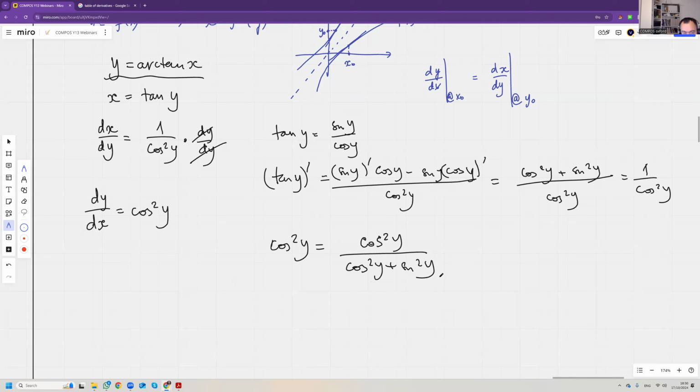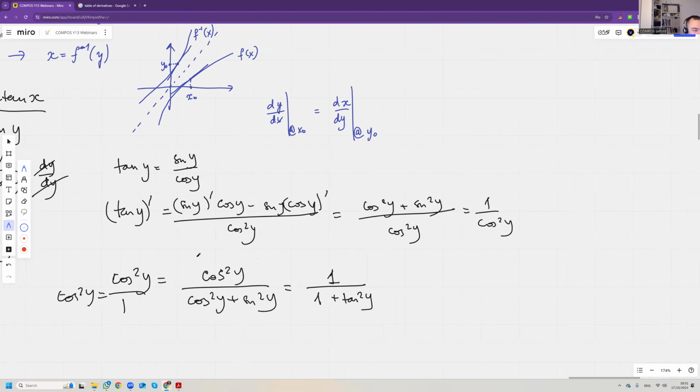Yes, because this is 1, so we are allowed to do that. You divide top and bottom by cos squared y, which gives 1 over 1 plus tan squared y.